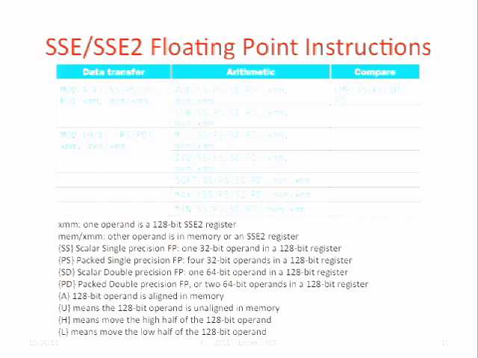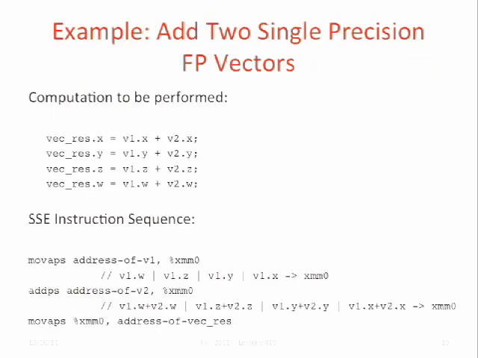So I'm going to move 128 bits from memory into the XMM register. Okay, the A tells me that it's aligned. The PS tells me that when I look in there, I'm going to find 4 32-bit floating point numbers. Okay, and in fact, you don't know that, but it's going to be X, Y, Z, and W for V1. Okay?